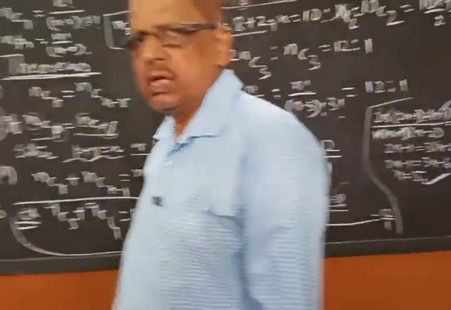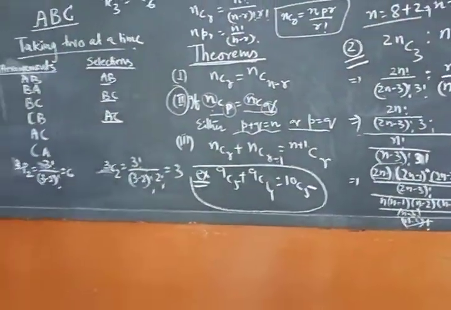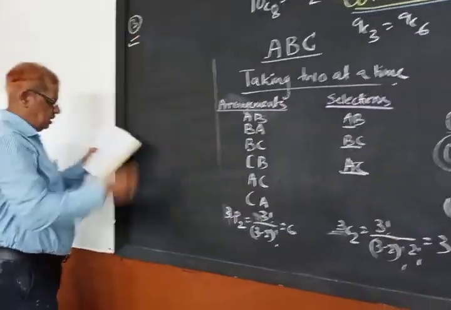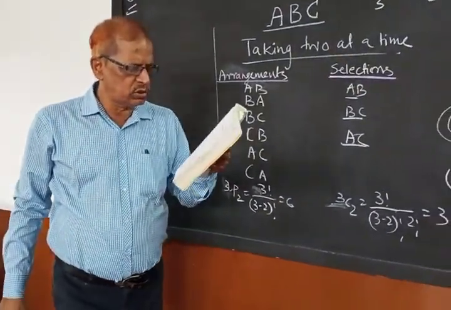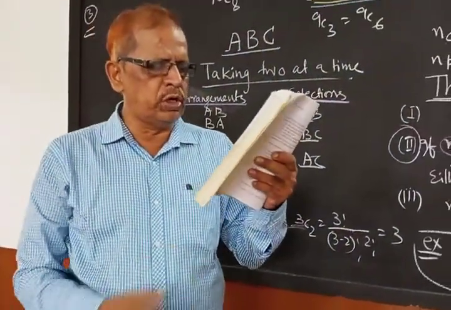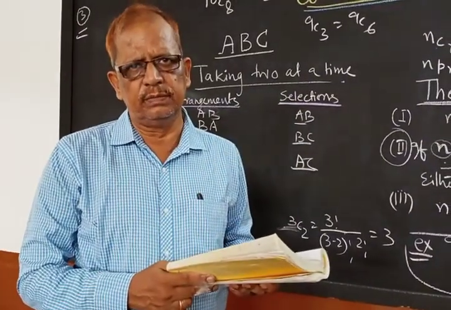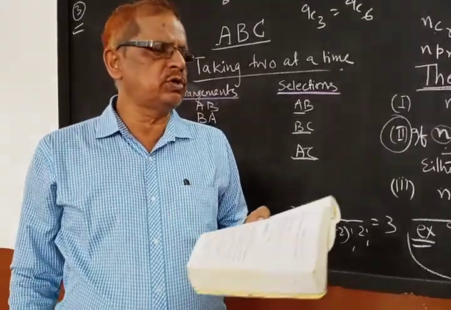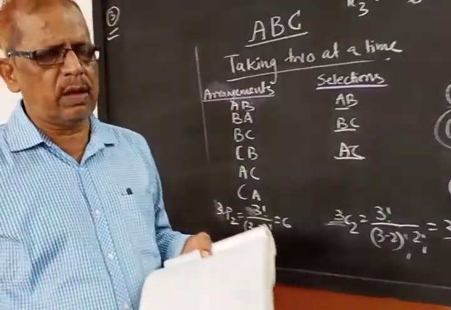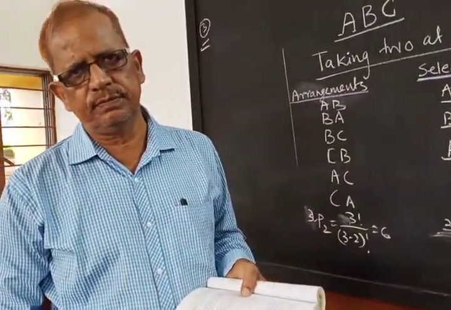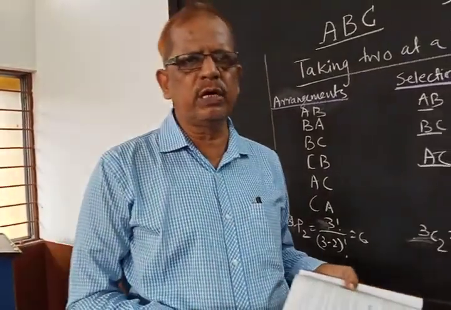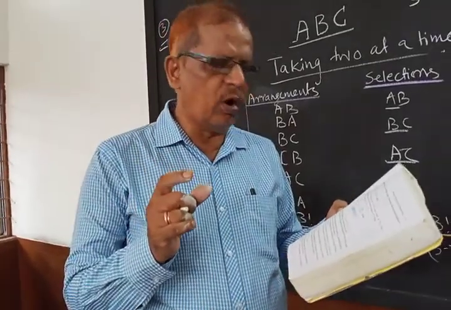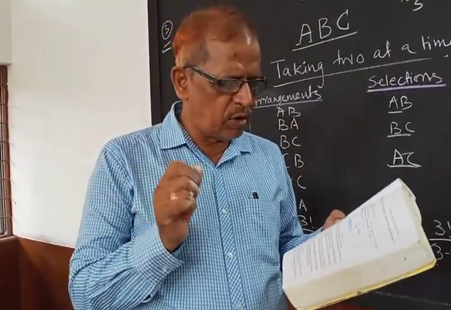Okay, see some more questions. Question number 3: how many chords can be drawn through 21 points on a circle? 21 points on a circle given means the points are not collinear. For making a chord, a line segment, we require 2 points.